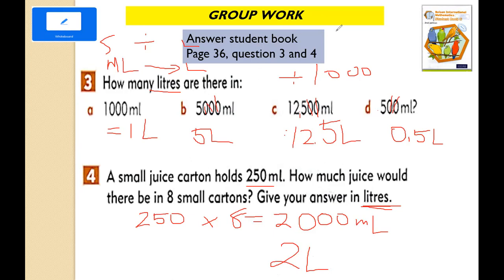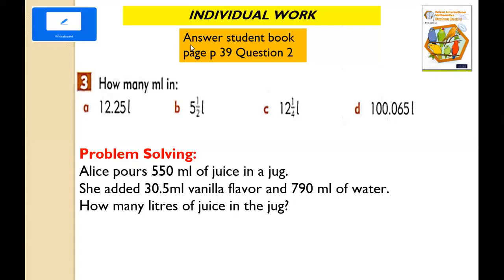Okay, let's move to the last question. In your student book, page 39, question 2, I want you this time to convert liters to milliliters. So remember, as I said, liters is larger and milliliters is smaller.